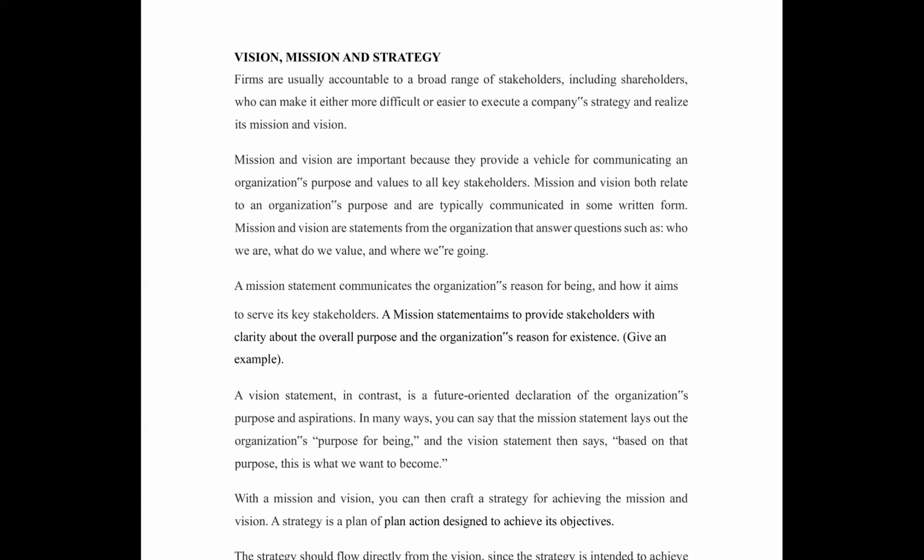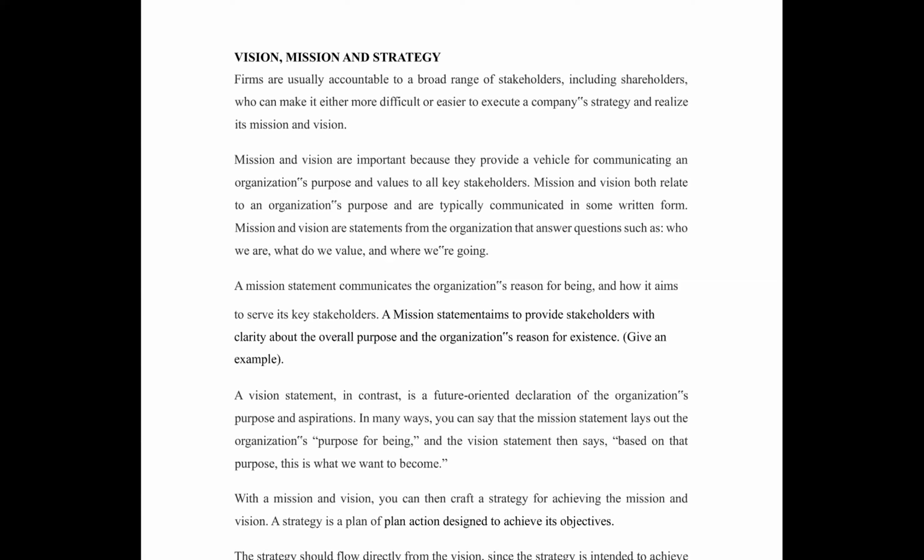So the mission and vision are very important because they provide a vehicle for communicating an organizational purpose and the values to all the key stakeholders. Usually the mission and the vision, both relate to an organization's purpose, and they are typically communicated in some written form.